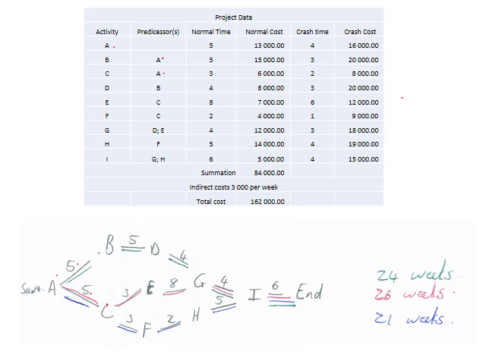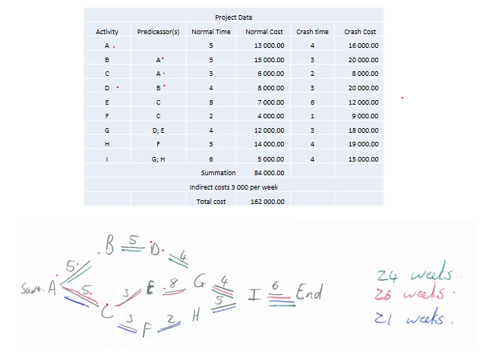Then we look at B and C. B is followed by D. Then let's go to D. D is followed by G, or G is preceded by D and E, as we've got here.